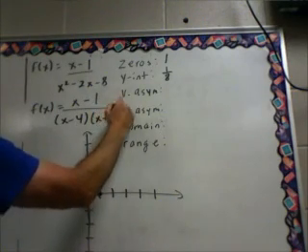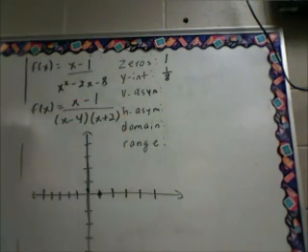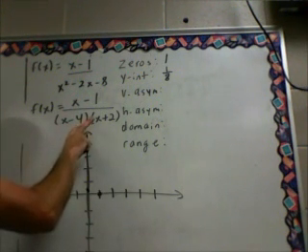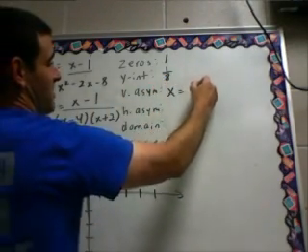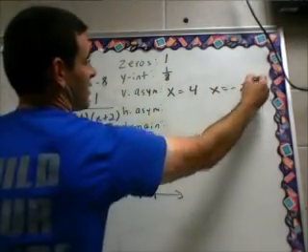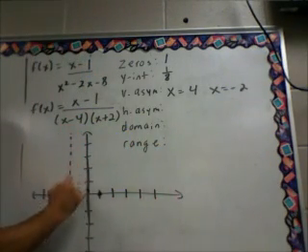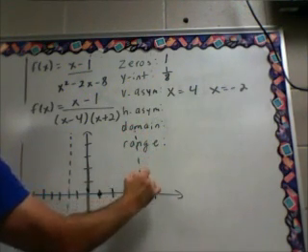And just to preview the holes in the graph, that would be if something canceled out. We'll talk about that more later, but that doesn't happen here. My vertical asymptotes are going to be at 4 and at -2. Same numbers that would be your excluded values. I have 2 of them here, -2 and 4, right through there.